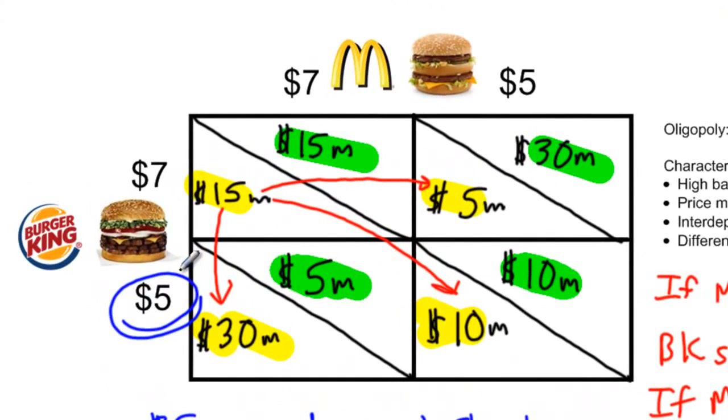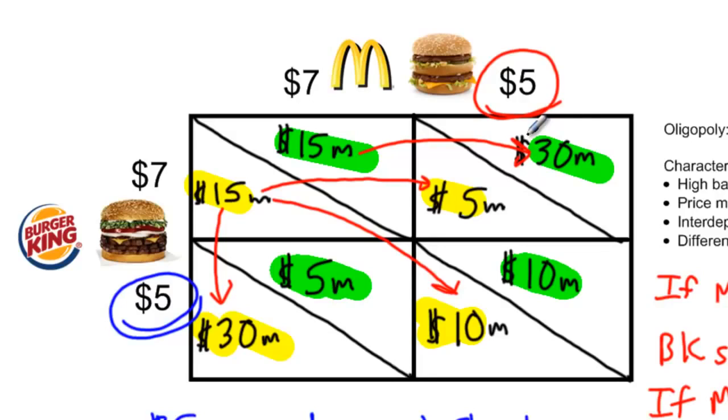Now, since the payoffs for McDonald's are identical to that for Burger King, $5 is also a dominant strategy for McDonald's. If Burger King charges $7, McDonald's can earn more economic profits by lowering its price to $5. It can experience a doubling of its economic profits, in fact.